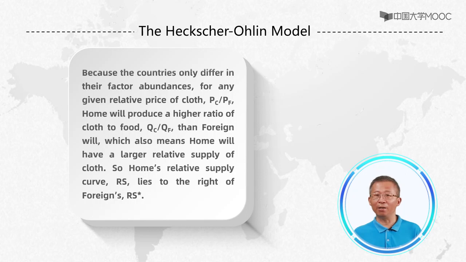For any given relative price of clothes, PC over PF, home will produce a higher ratio of clothes to food, QC over QF, than foreign will, which also means home will have a larger relative supply of clothes. So home's relative supply curve lies to the right of foreign's, RS star.